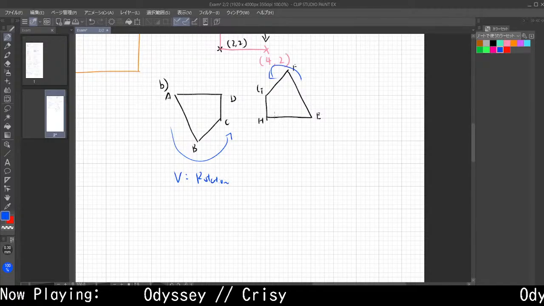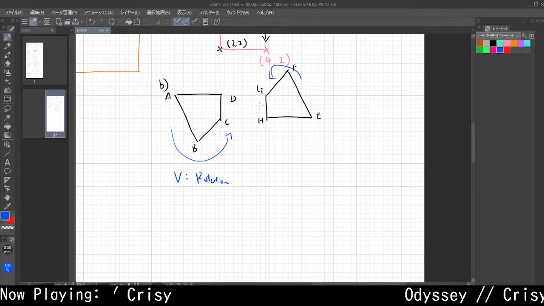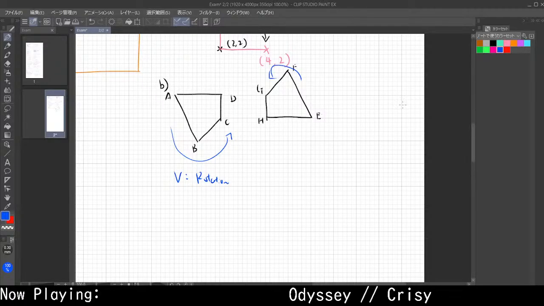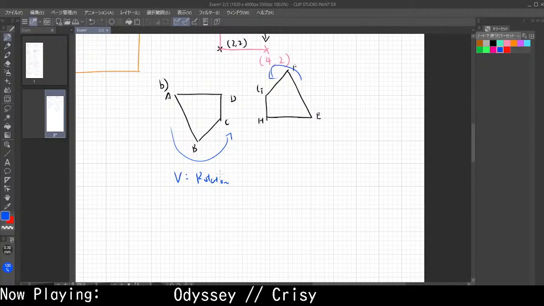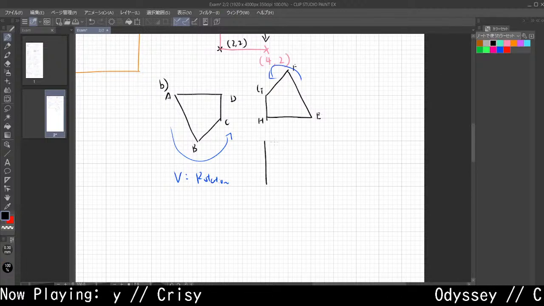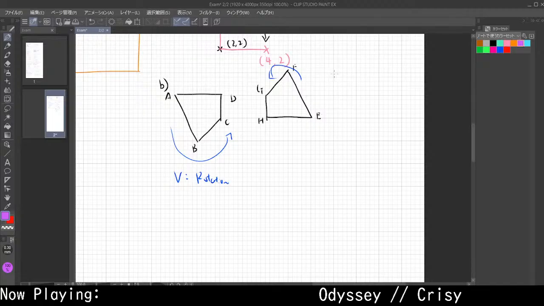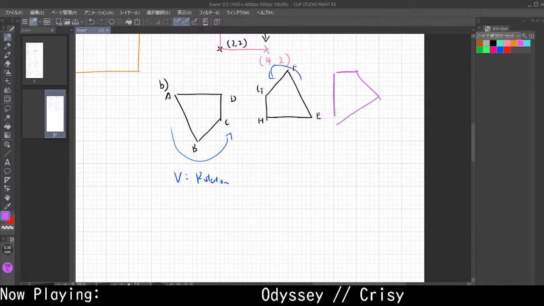So we want to see where our points landed. If you spin, you will be able to see it's actually 90 degrees. It's actually 180. So if you turn your paper, if you turn this around, you will get this shape over here. If you turn it around, you will get this shape. Okay, so it will look like this.